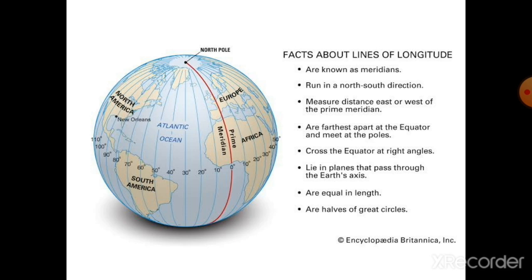As they reach near the equator, the distance between two meridians is the maximum, and moving towards the poles, it reduces. They lie in planes that pass through the Earth's axis.